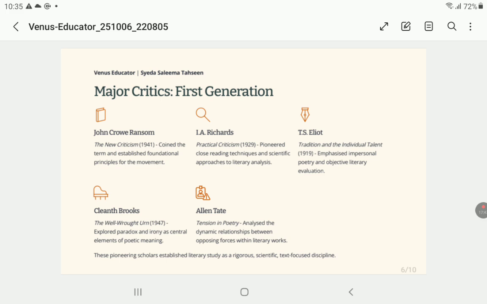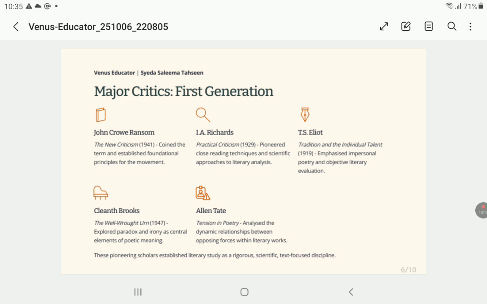In this book, he experimented on students. What experiment did he do? He gave a text to the students without revealing the author's name, and then compared their interpretations with the original interpretation of the text from a critic.